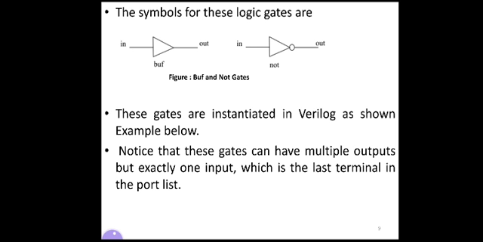Notice that these gates can have multiple outputs but exactly one input, which is the last terminal in the port list. See here, what is the difference? These can have multiple outputs but they can have only one input.